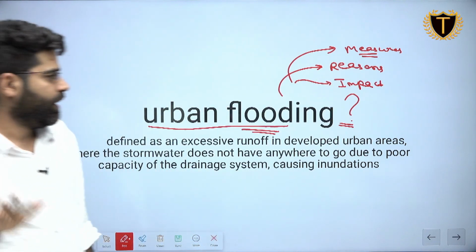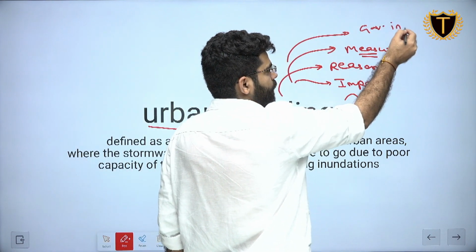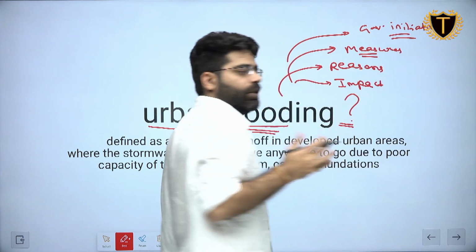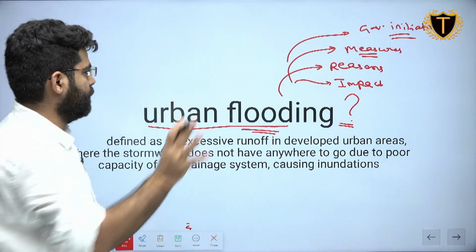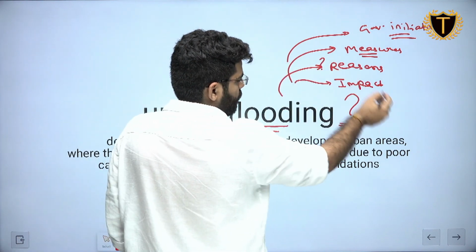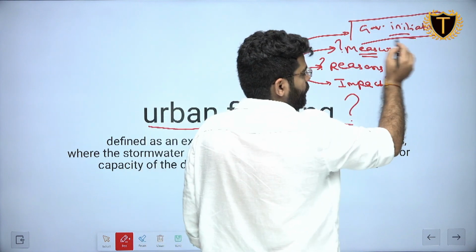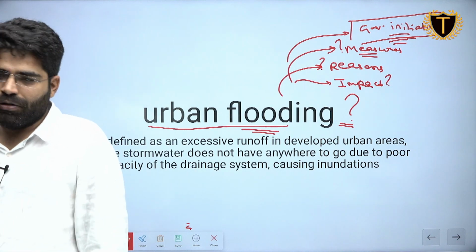Then we will also explain some of the government initiatives that have been taken considering urban floods in focus. So we have urban floods, their reasons, their impact, their measures, and the government initiatives which have been taken. All right. So let's start the topic.